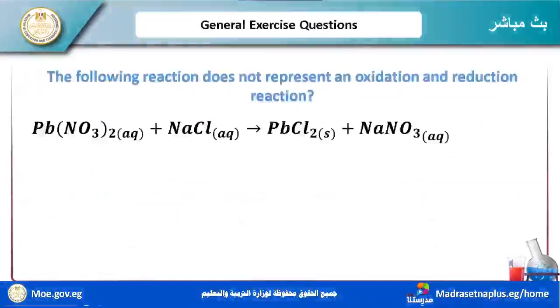Now we transfer to these sections. The following reaction: does it represent an oxidation and reduction reaction?